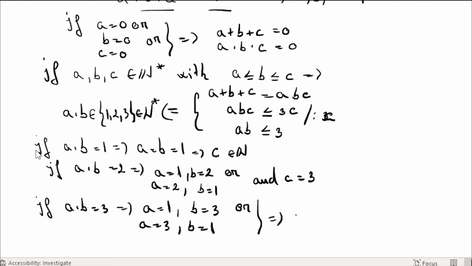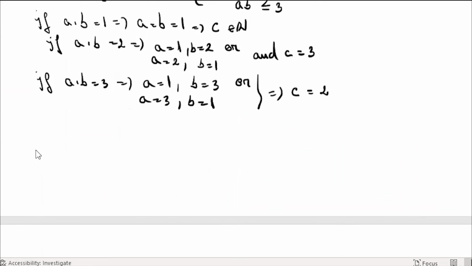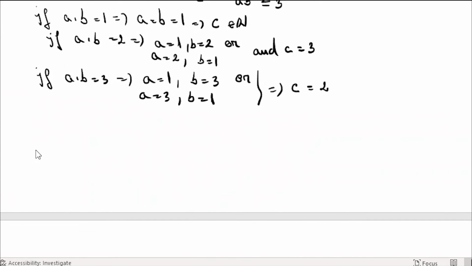In this case, C equals 2. If we replace the values of A and B, it results that we have the following solutions for A, B, C.